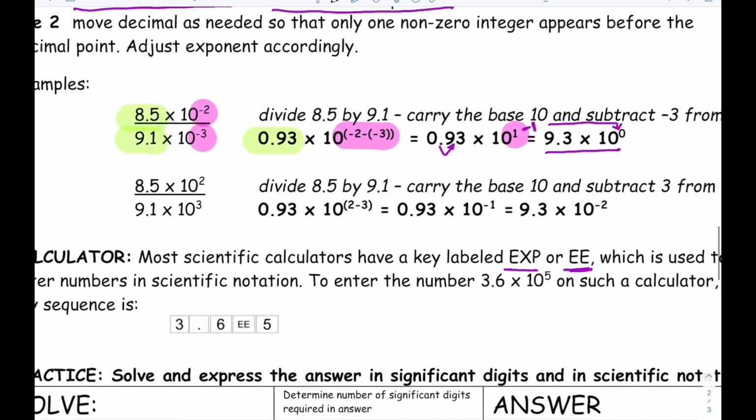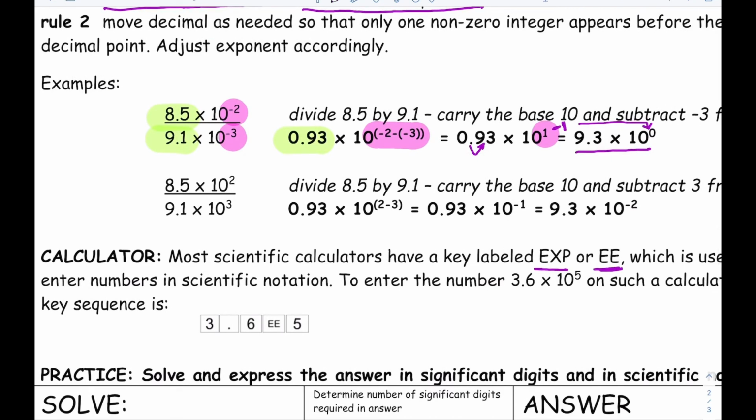And that's usually used to enter the numbers in scientific notation. So for example, if you were going to enter this value, 3.6 times 10 to the power 5 on your calculator, then this would be the key sequence: 3.6, then EE 5. That's how you would enter this value on your calculator.